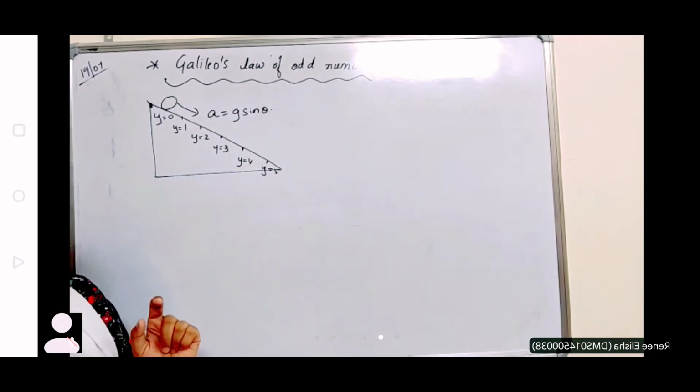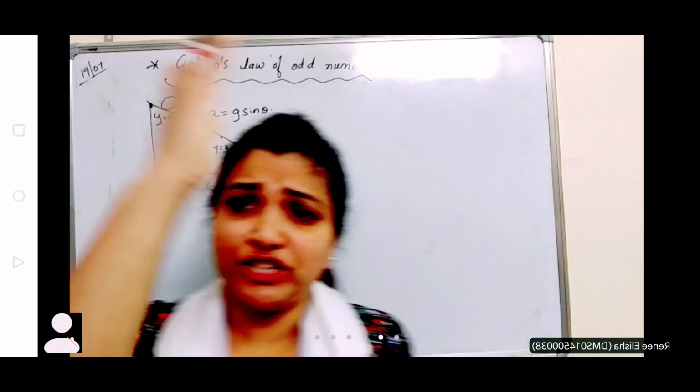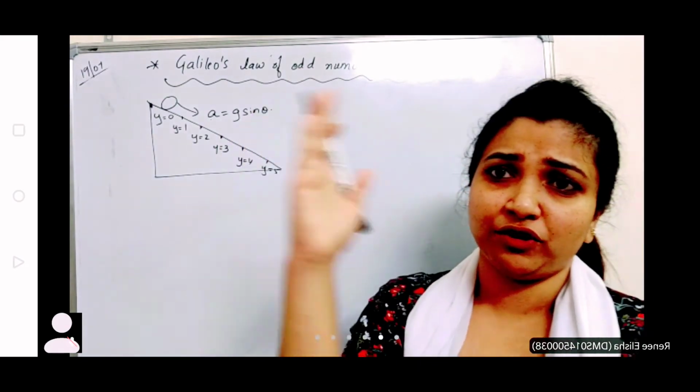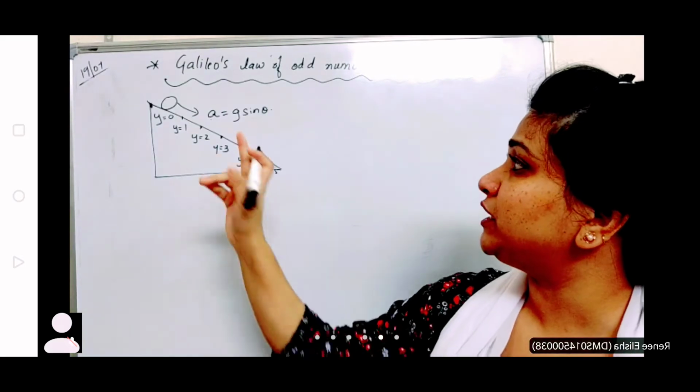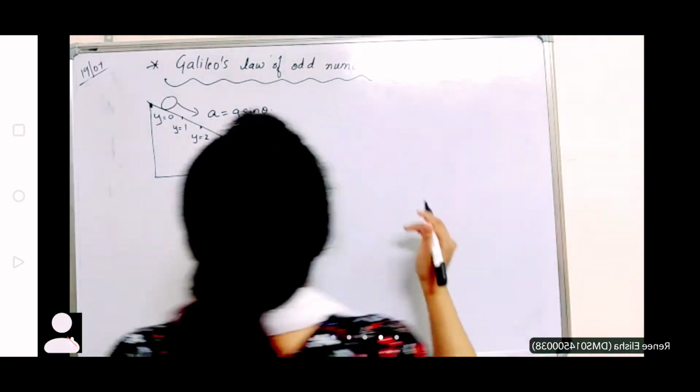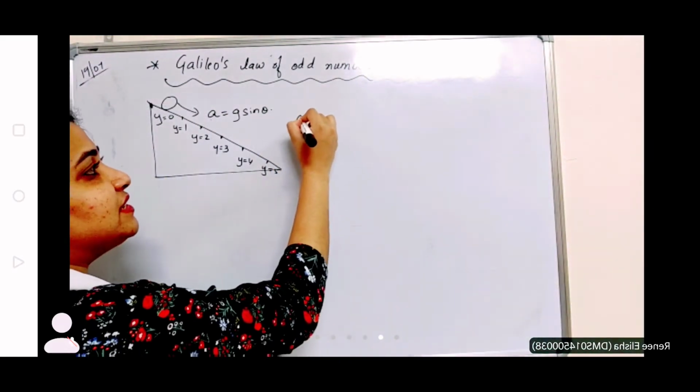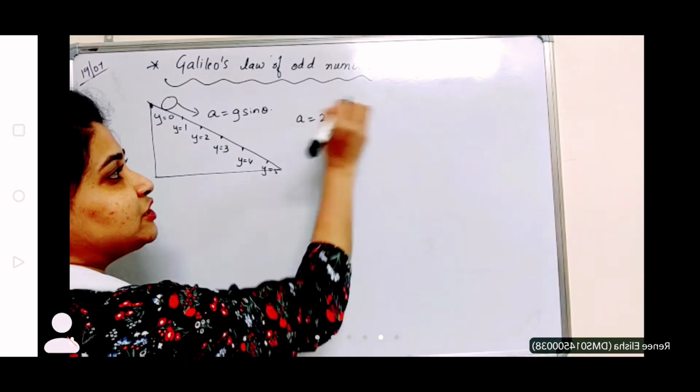Then what he did was, suppose this is an inclined plane or a wedge, and the angle of inclination gave an acceleration. Suppose he assumed the acceleration was 2 meters per second square.